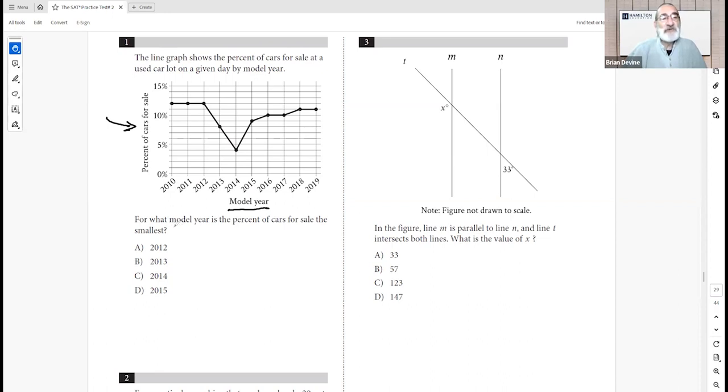The question: for what model year is the percent of cars for sale the smallest? Well, on the graph, we want the lowest point, and we can see that right here. And that would be for the model year 2014. So C, 2014. And that's a good start because C rhymes with C, which is yes in Spanish.